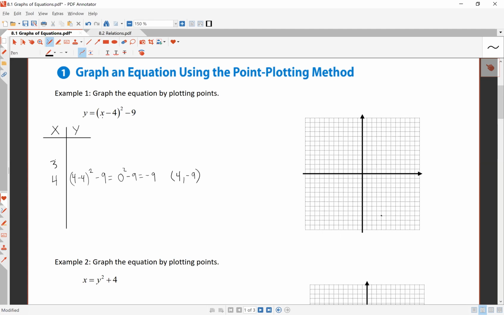Plugging in the number 3, that's 3 minus 4, which is negative 1 squared minus 9, or 1 minus 9, which is negative 8.